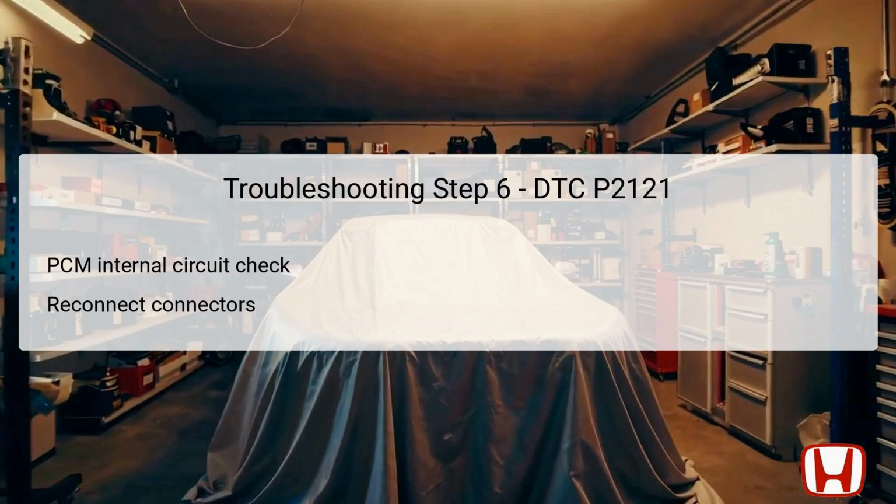After removing the jumper wire from the APP sensor 6P connector, reconnect the PCM connector A, 51P, for active diagnostics. Next, connect terminals A and B once more with a jumper wire, effectively linking female terminals number 4 and number 6 on the APP sensor.